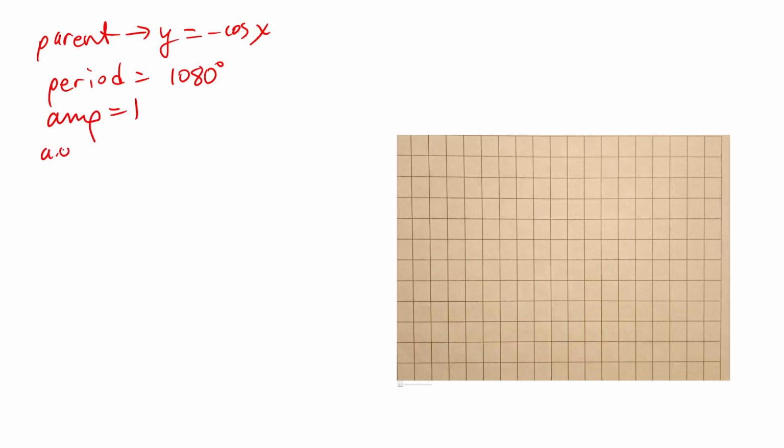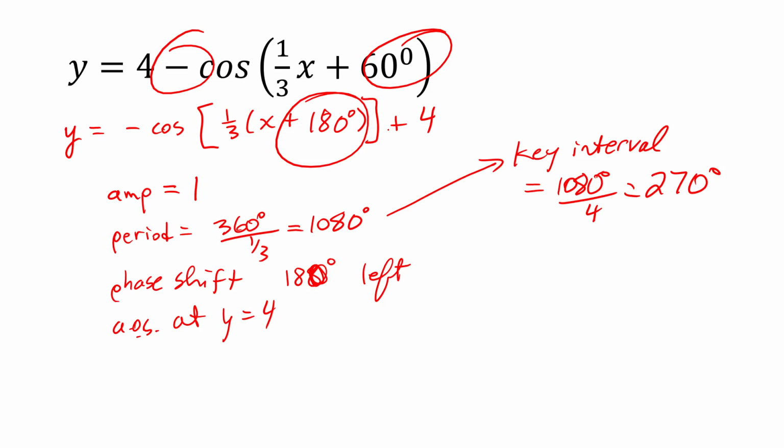Our axis of symmetry is at y = 4. And our phase shift is 180 degrees to the left. So our D value is going to be negative 180 degrees, because in the original question, remember that you're changing the sign right there, and so it's going to be a negative value.